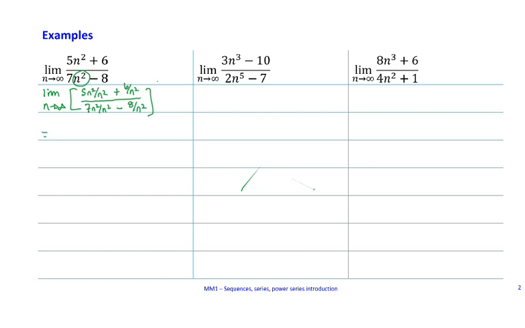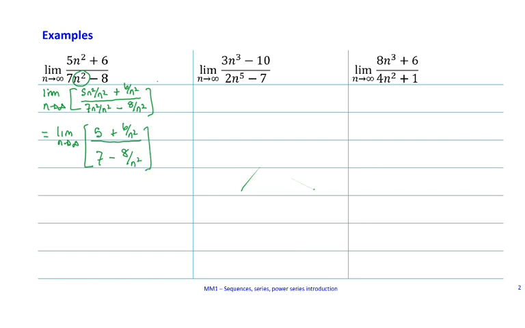So we will end up having the limit as n goes to infinity of (5 plus 6 over n squared) over (7 minus 8 over n squared).